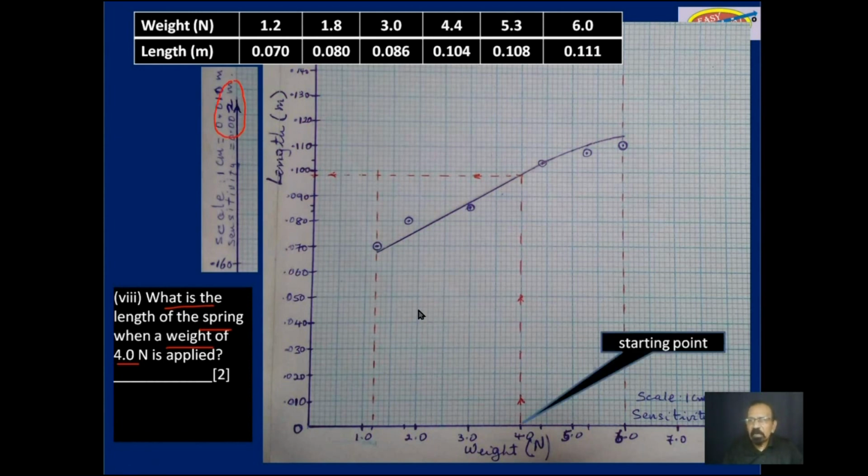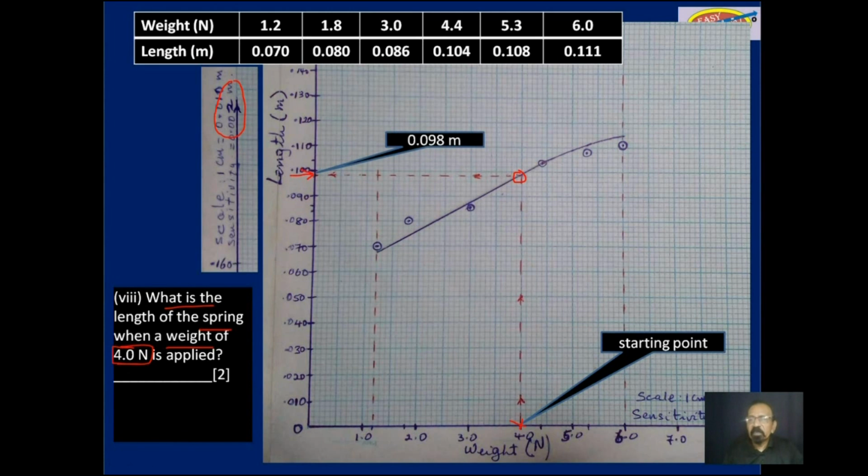If we are starting at this point, 4 Newton, what is the length of the spring? Well, to do that, you come here, you draw some dashed line going up until you touch the graph at this point, and then you go across until you reach here on that axis. You read that axis off, and you get 0.098 meter. That's the answer to that question.